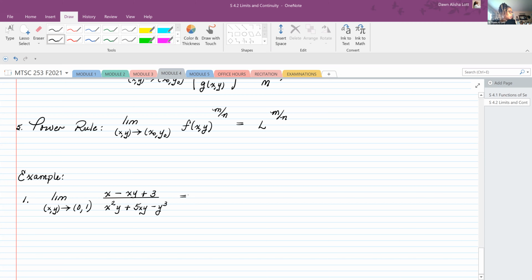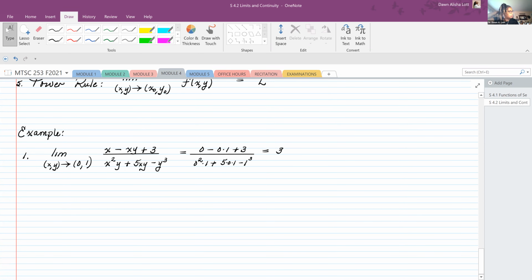So now I just put in 0 for x: 0 minus 0 times 1 plus 3, divided by 0 squared times 1 plus 5 times 0 times 1 minus 1 cubed. So that's just 3. Okay. It is negative 3.